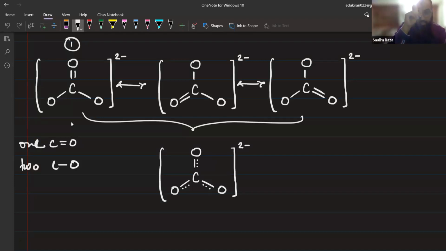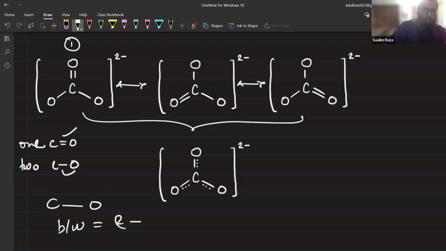When scientists checked the bond length and bond strength, none of the bonds showed the double bond length, nor the single bond length. Whatever bond length we saw for carbon and oxygen, we got only one value, and that value was between the double bond and single bond. That is why we concluded that it has partial double bond character.